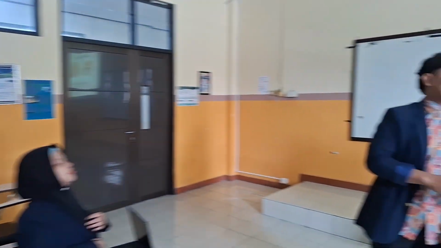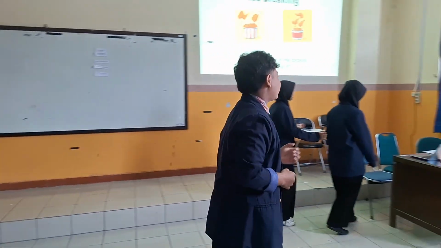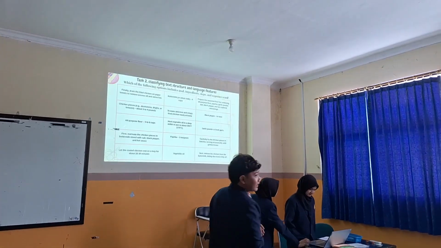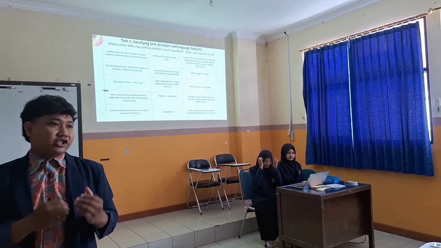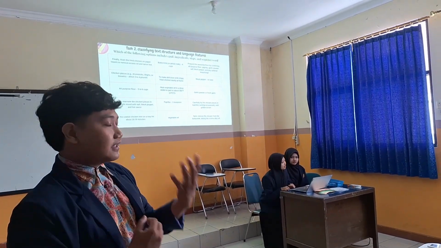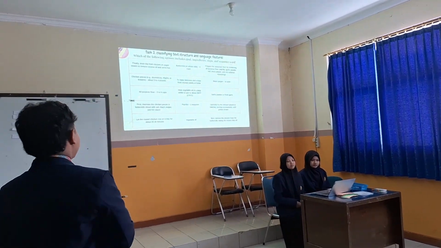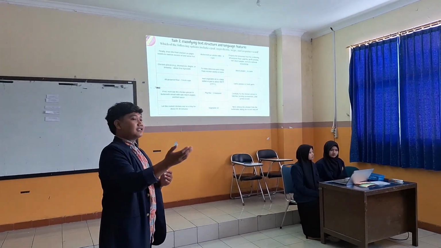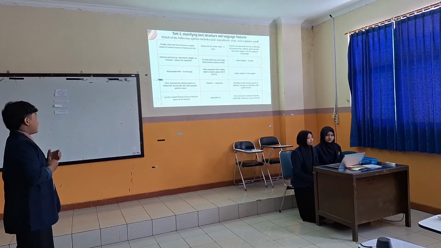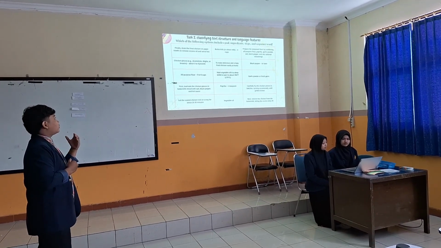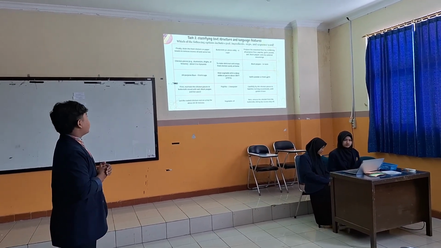Okay, thank you, students. Let's go to the next slide. In the next slide, we will do an activity to achieve our goal in the second learning objective. So here are the tasks. You can see the tasks in your worksheet. In task 2, the activity is classifying text structure and language features.